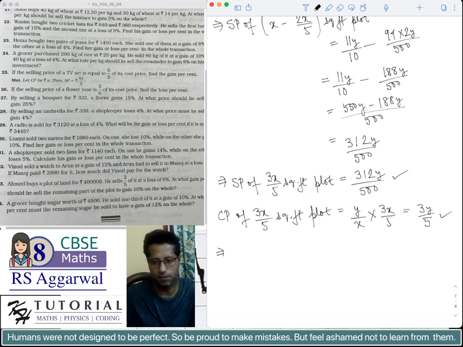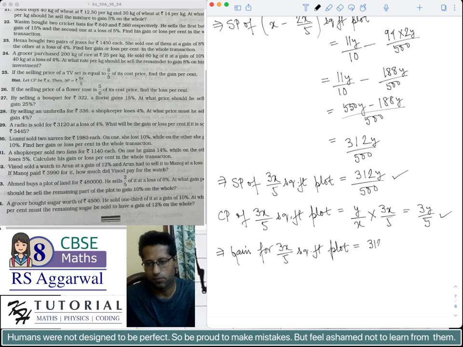So this implies the gain for the 3x by 5 square feet plot is equal to 312y by 500 minus 3y by 5.